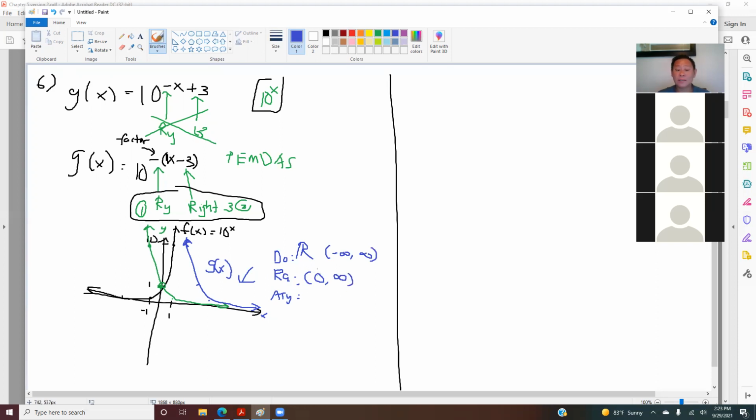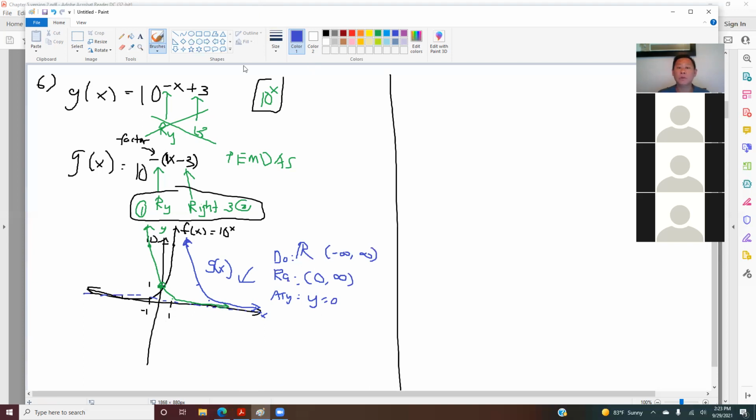And 0 in this case is open because you cannot touch it, because that's your asymptote. So can you tell me what is your asymptote in this case? It's going to be this line, right? Can you tell me what that equation is? Y equals 0. Okay, so that is your asymptote for this graph. Y equals 0 means that is your x-axis.